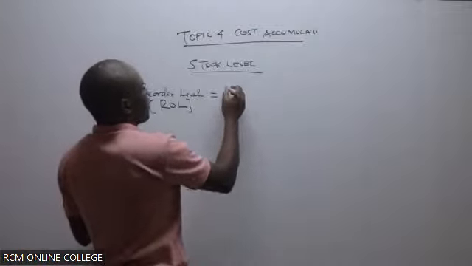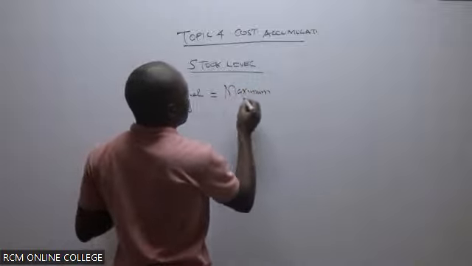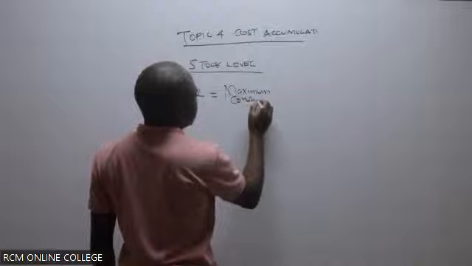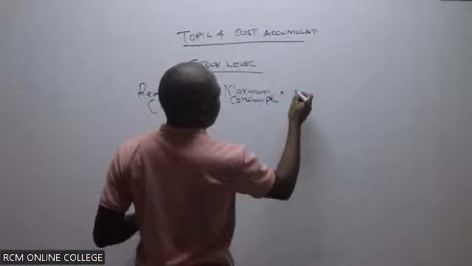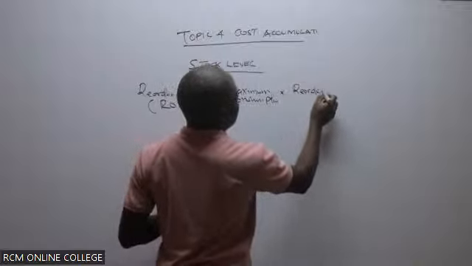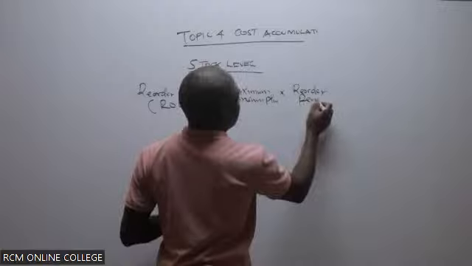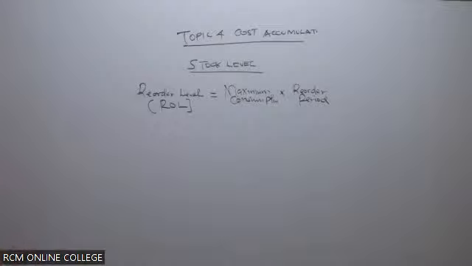So it is maximum consumption times maximum reorder period.